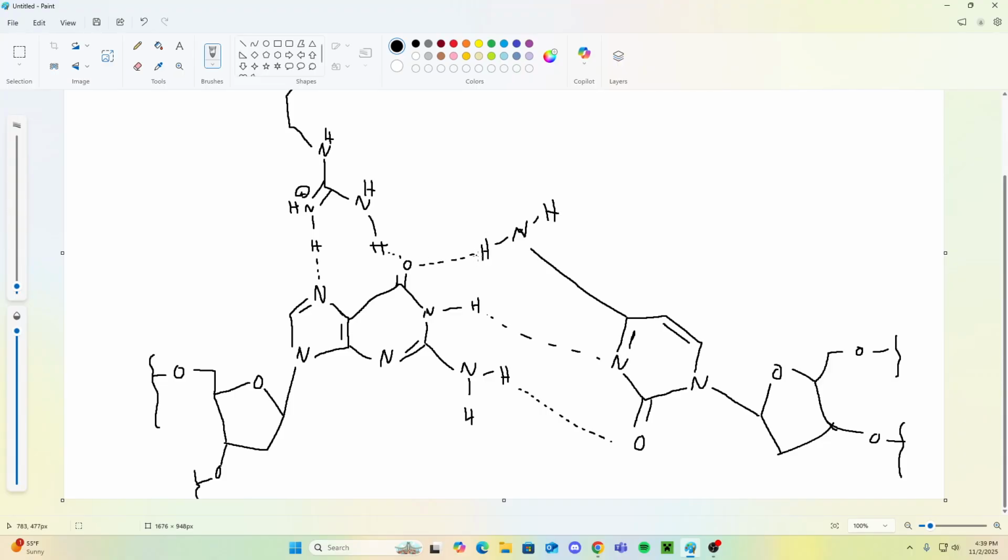This oxygen is attracted to this guy here. So normally this connection of the GC is how adenine and guanine are attracted to each other, because of this oxygen, nitrogen, hydrogen attraction, due to intermolecular forces and just close proximity.